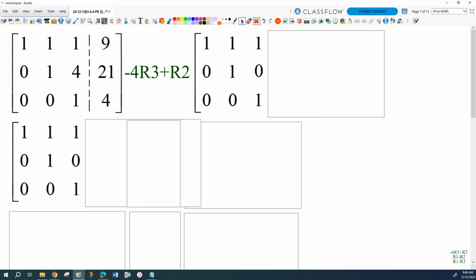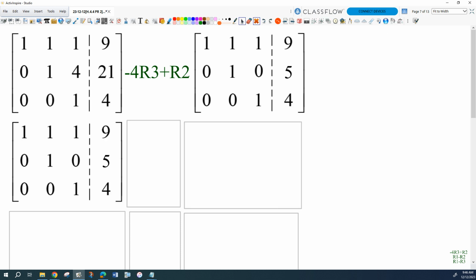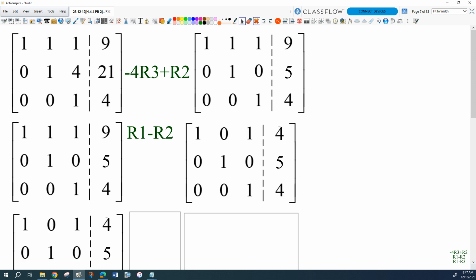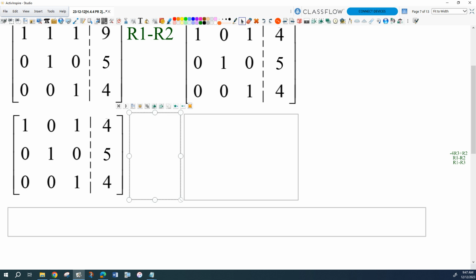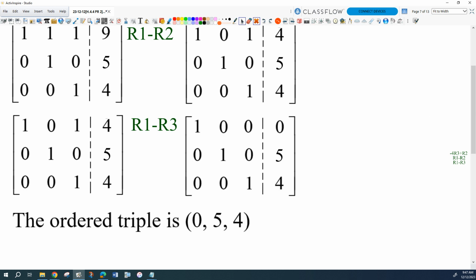Negative 4 times 4 is negative 16 plus 21 is 5, right? So we're almost there. And now this is pretty trivial, right? This is kind of where we were last time. I could just subtract the second row from the first row to turn that into a 0, and subtract the third row from the first row to turn that into a 0. Okay? Make sense? All right.